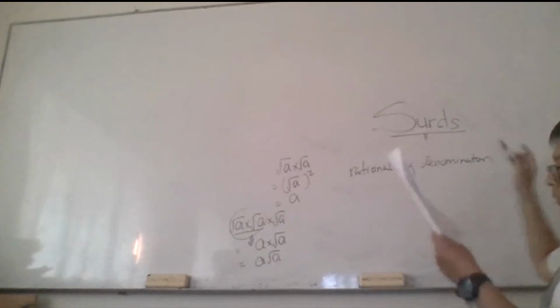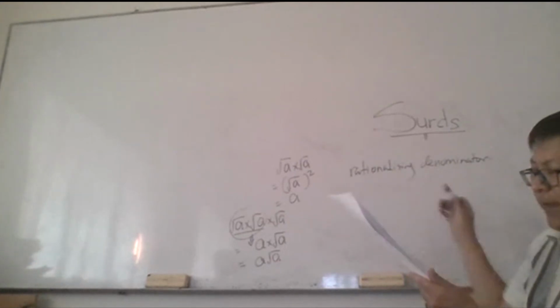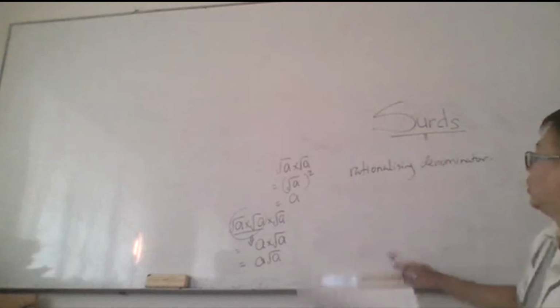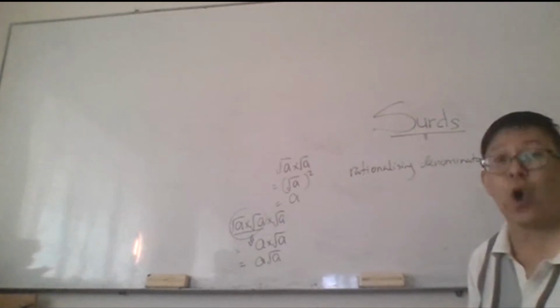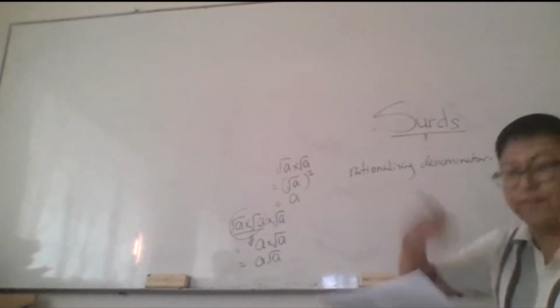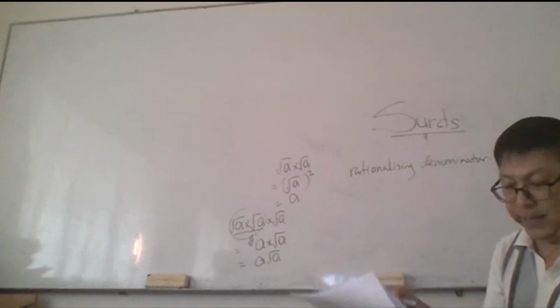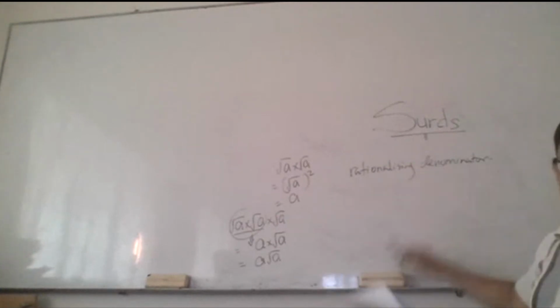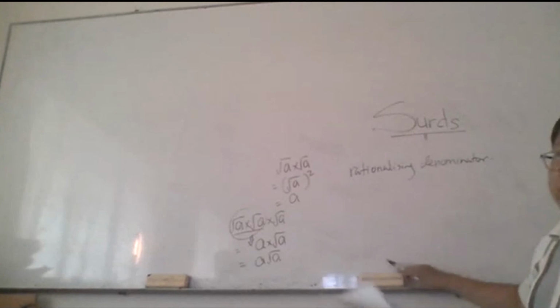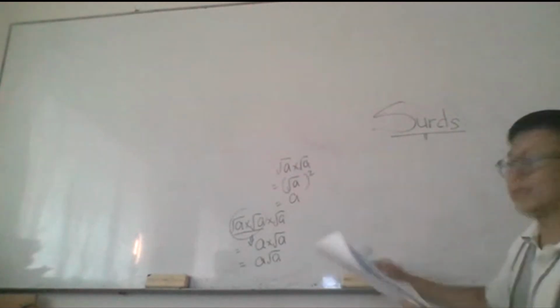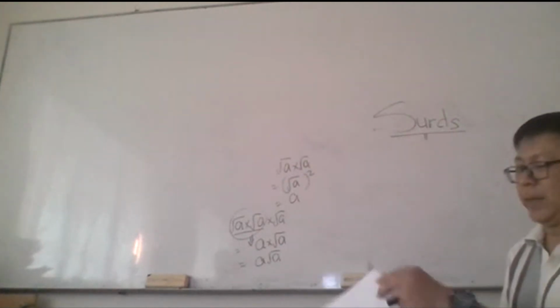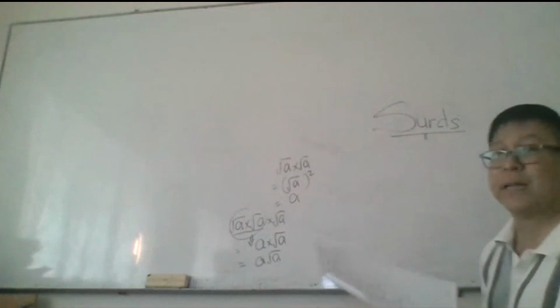I will tell you this one later, because we may use something called conjugate. So let me finish the simple examples, then lastly we'll come to rationalization of the denominator. Very fast. I hope I can take about maybe 15 minutes to clear this.